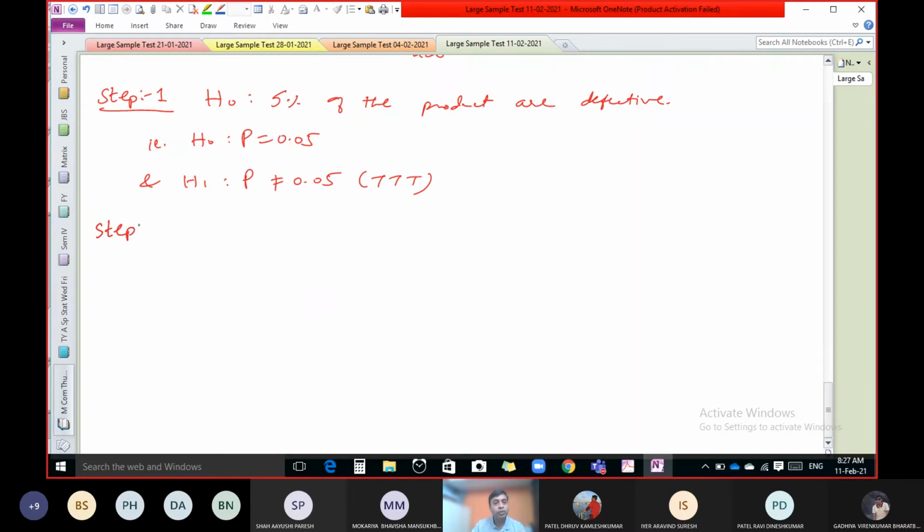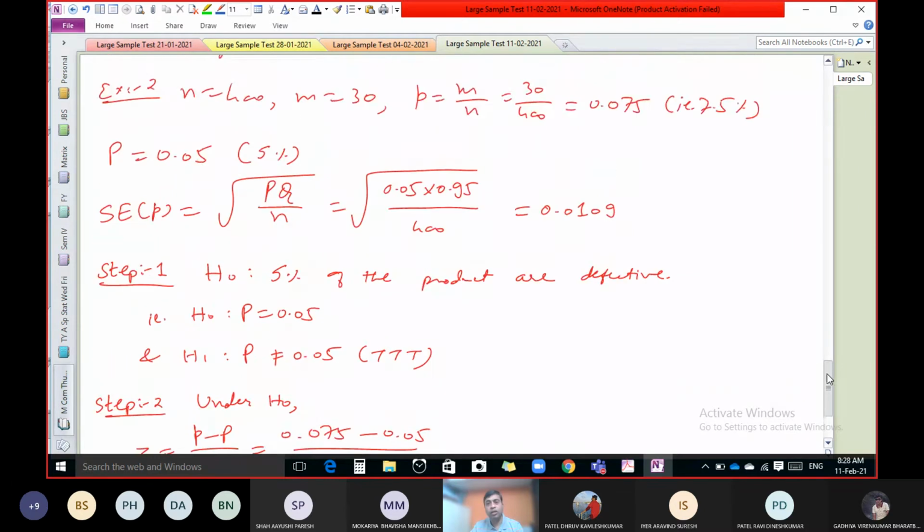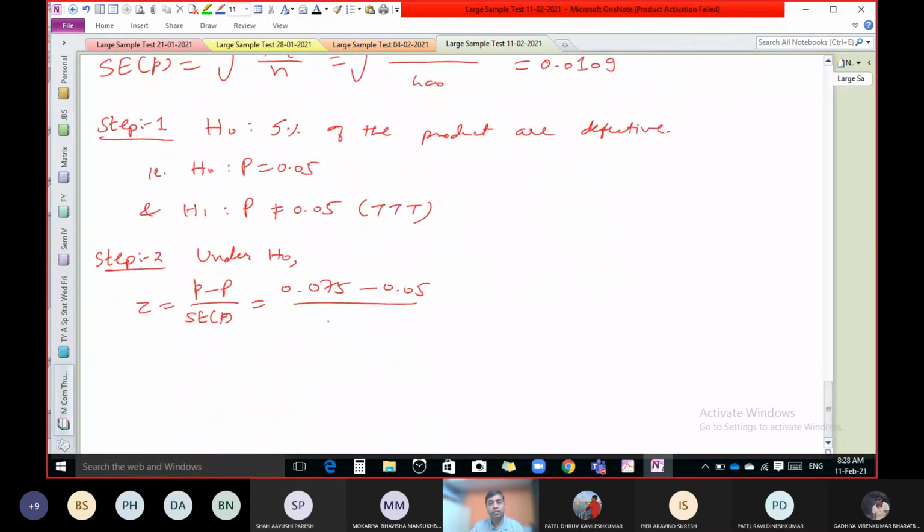Step 2, under H naught: Z equal to small p minus capital P upon the standard error of small p. So small p is 0.075 minus 0.05, upon standard error, that is 0.0109.